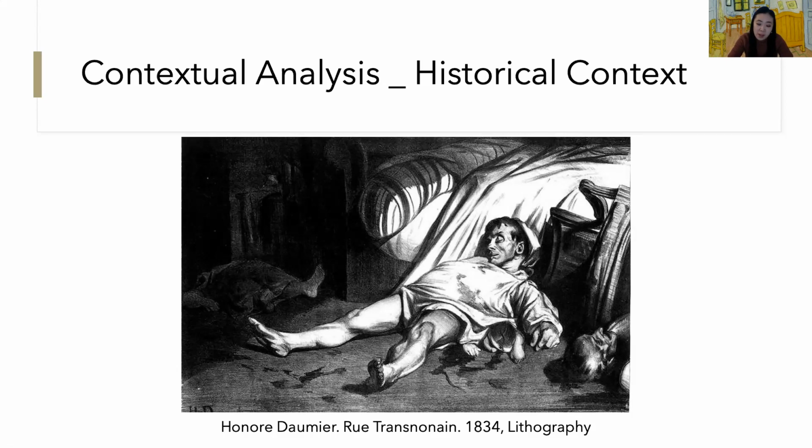On April 15, 1834, the Parisians stood at barricades in the streets. During the army's attack on one of the barricades on Rue Transnonain, an infantry captain was killed by a shot fired from a house.